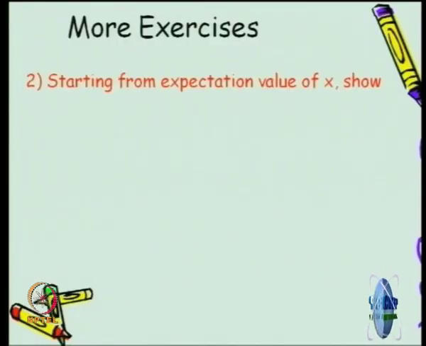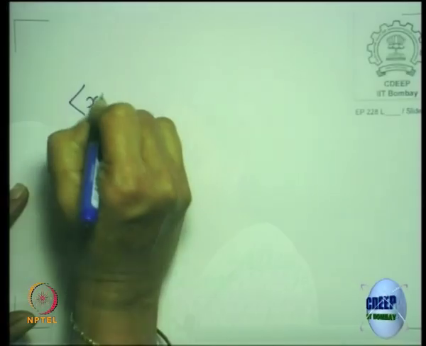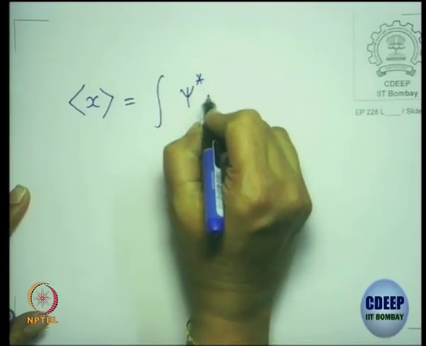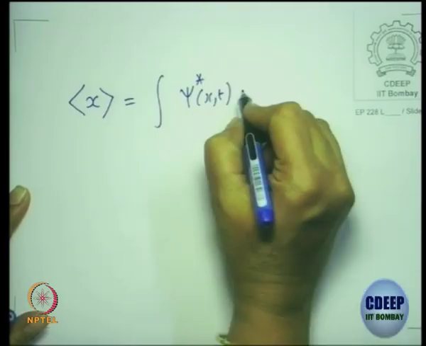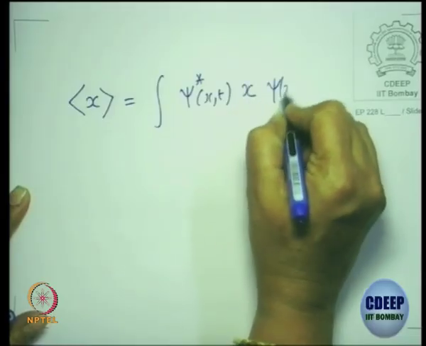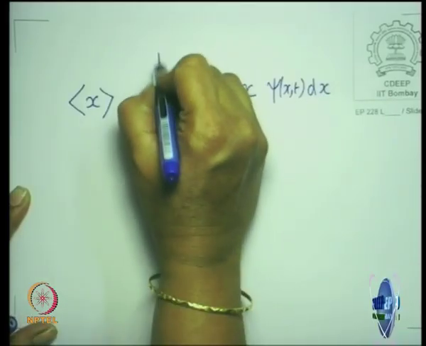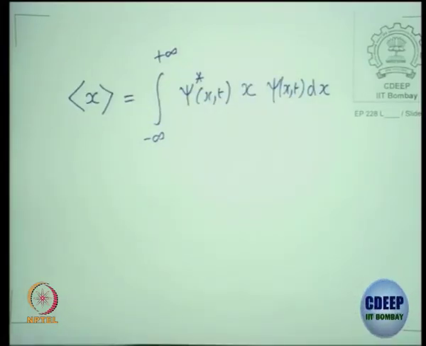More exercises. Starting from expectation value of x, how do you write the expectation value of x? If I assume psi to be a normalized wave function, this is the way we will write the expectation value of x, right?